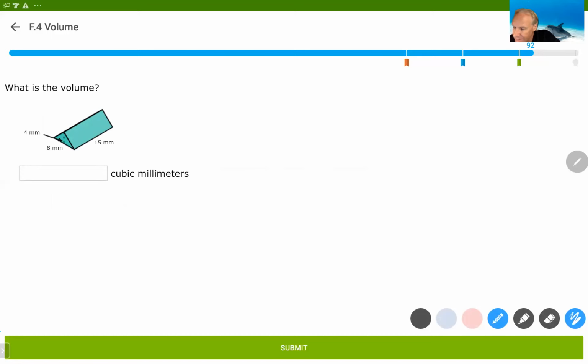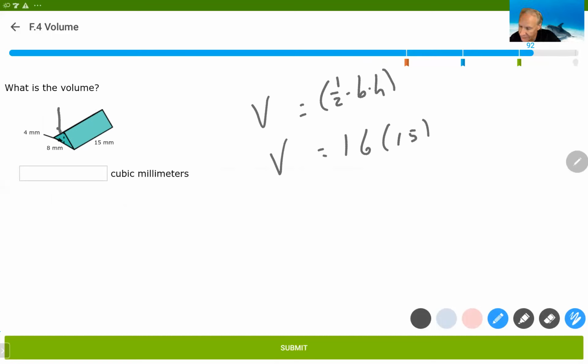Area of the base is 16 times 15, which is 240, I believe. Area of the base is 1/2 base times height. Let me just write this out for you. It's 1/2 base times height. That's the area of that base triangle.